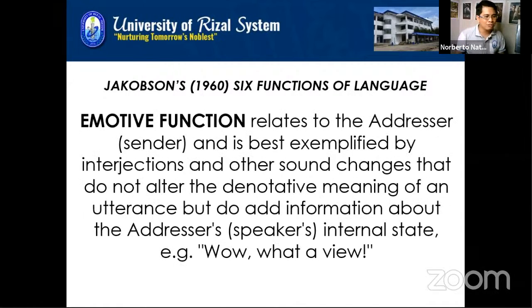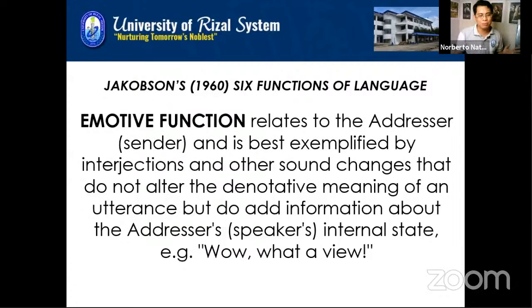Then we have emotive function. Emotive, from the term emote. It relates to the addresser and is best exemplified by interjections and other sound changes that do not alter the denotative meaning. When we talk of denotative meaning, that is the denotata or the literal meaning of an utterance, but do add information about the addresser's internal state.